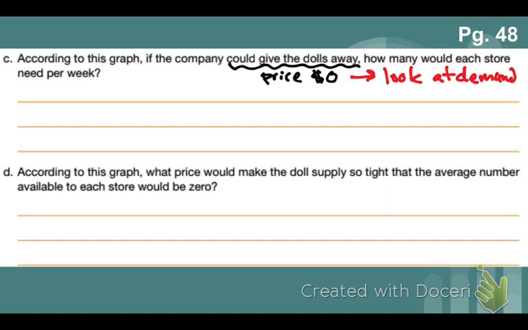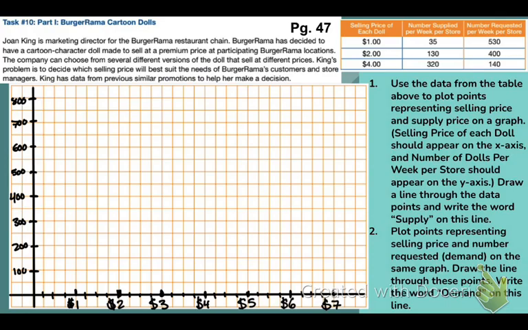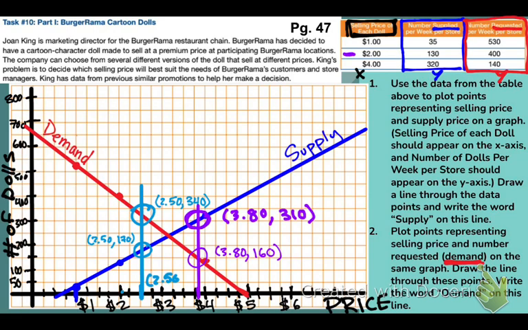And I'm going to hop back to the graph for a second. So we said our price is $0, and we're looking at our demand line. If our price is $0, where should I look? Yeah, the y-axis. We're looking where the demand line's y-intercept is.